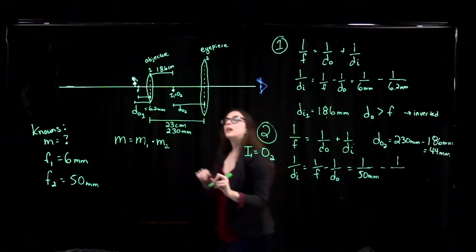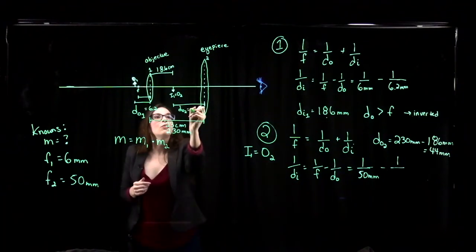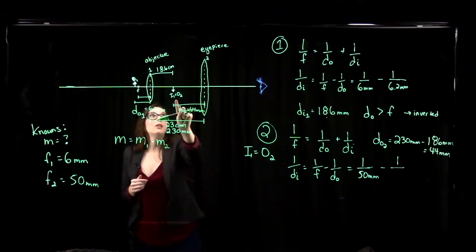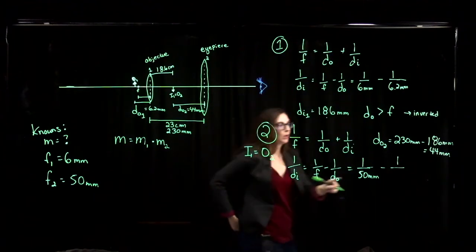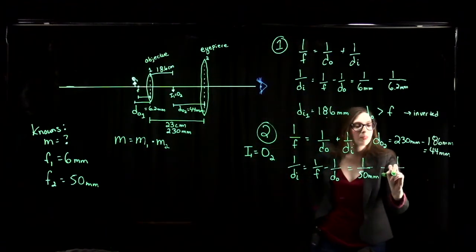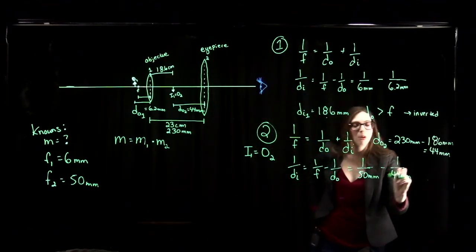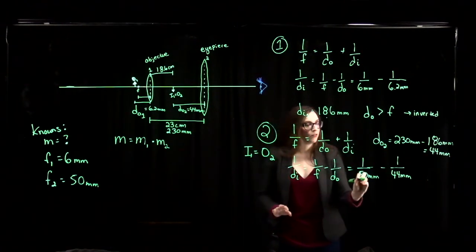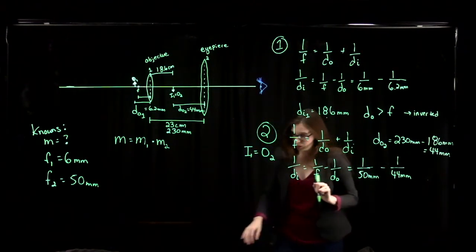So this object is 44 millimeters in front of my second eyepiece. That's what I'm going to put here for dO, 44 millimeters. So 1 over di is equal to 1 over 50 minus 1 over 44.